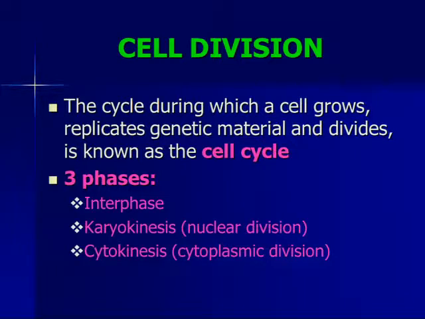So there are these three phases. Karyokinesis is where most of the discussion will be about. Most of the 4 phases of meiosis are basically part of karyokinesis, and the last phase will include cytokinesis.